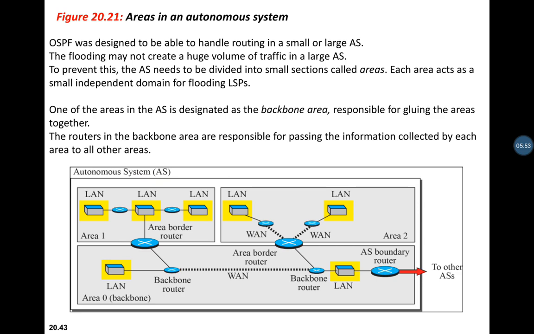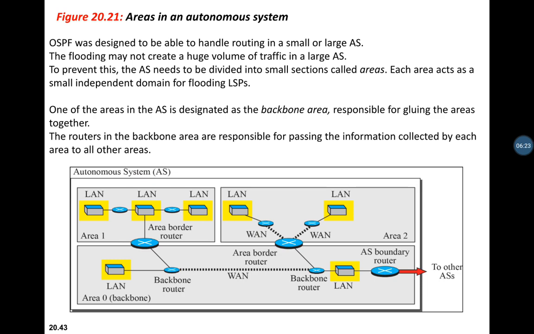To prevent this huge traffic, the autonomous system needs to be divided into small sections called areas. Each area acts as a small independent domain for flooding. One of the areas in the autonomous system is designated as the backbone area.